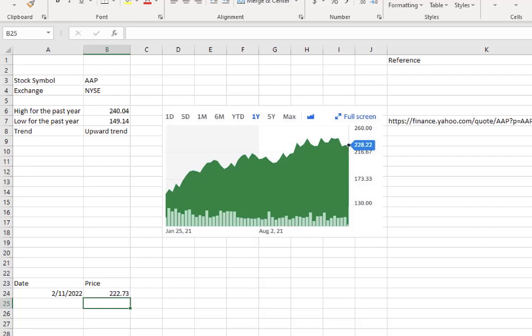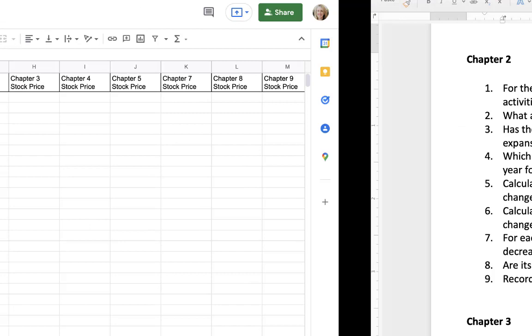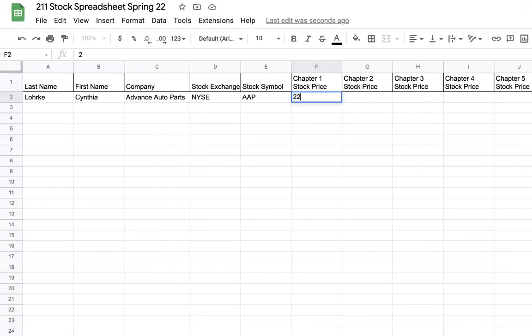So I would say $228.22. If you can remember when you did it, if not, maybe go back a week or two or whenever you think you did it and pull the price closest to what you can. And now it's 222.73. So actually my stock price has dropped. Most people's have over the past few weeks.